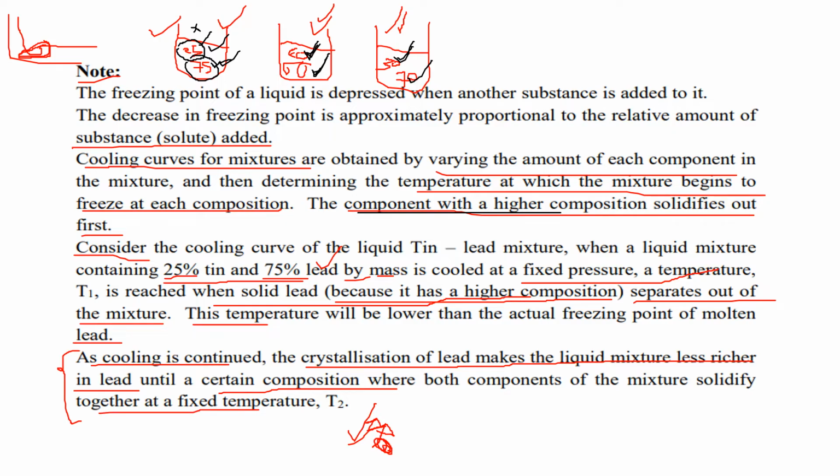This temperature is important in this topic and is called the eutectic temperature, the temperature at which both components in the mixture crystallize out together. You are going to look at that in the next slide.